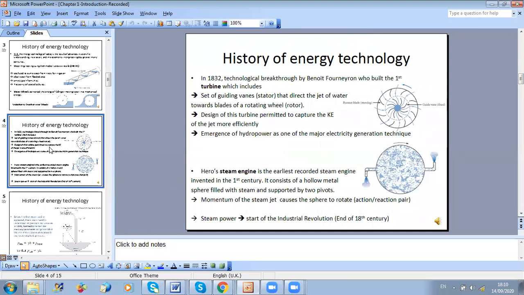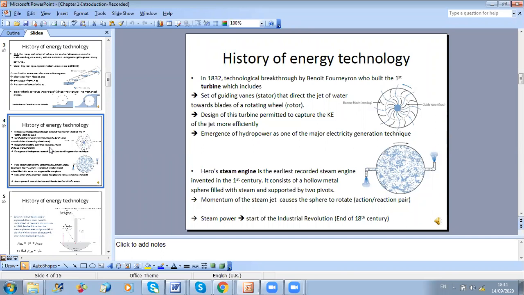In 1832, one very important invention is the Fourneyron turbine. This turbine consists of a set of guiding vanes that direct the jet of water towards the blades of a rotating wheel. The design of this turbine permitted to capture the kinetic energy of the jet more efficiently.